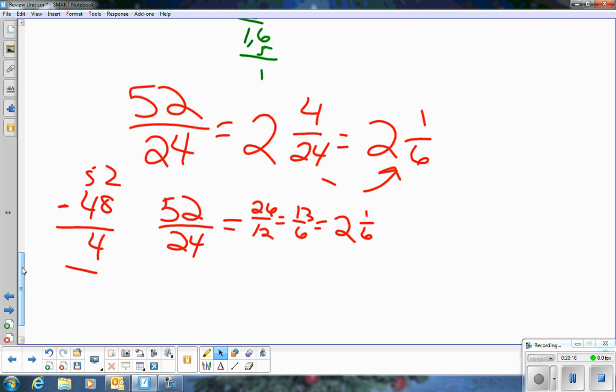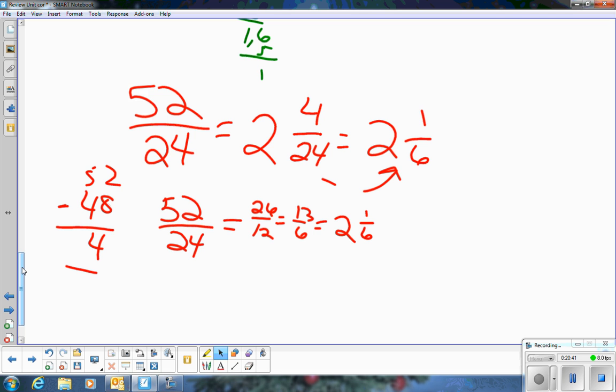Because basically think about what you're doing as taking a whole bunch of pieces of something and grouping them into whatever your denominator is. I have 52 pieces of something where the groups are 24. Think about maybe I have packages of cookies and I'm packaging them up in 24s, which is 2 dozen, right?